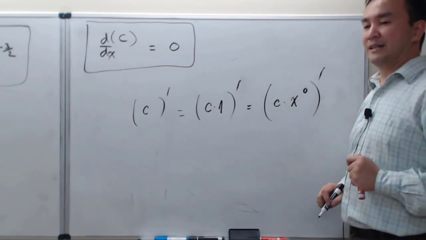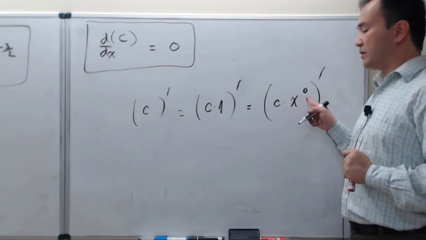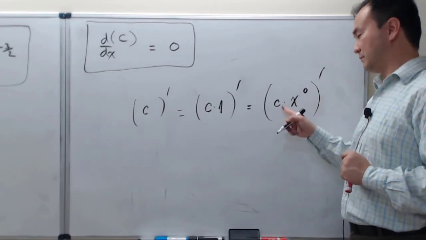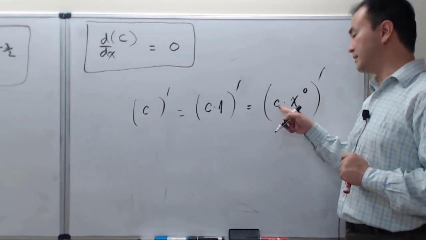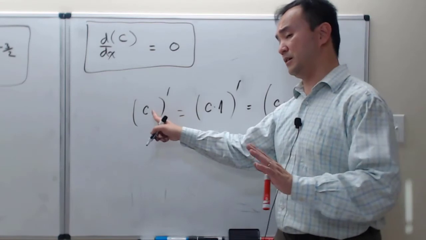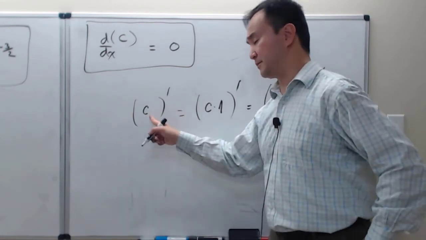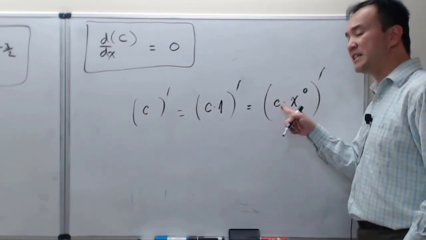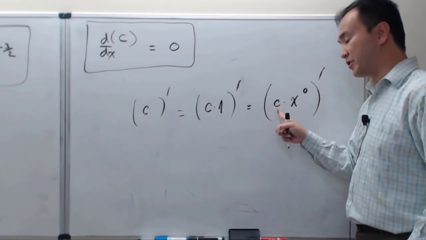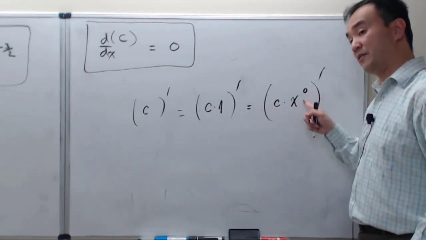That's how it is, okay? And so x to the 0 power multiplied with a coefficient. So all of a sudden, this c, in the beginning it was our constant, now we can purposely see that as a constant coefficient to a 0th power of x, okay?